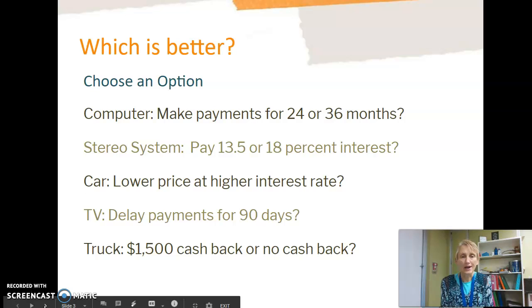All right? And then, do you take the $1,500 cash back or no cash back? Well, usually that's not as simple as that. If that was the only difference, of course we'd take the cash back. But usually there's a trade-off, the interest rate is higher if I take the cash back. So you have to weigh it to see which way you'd come out with the best deal.